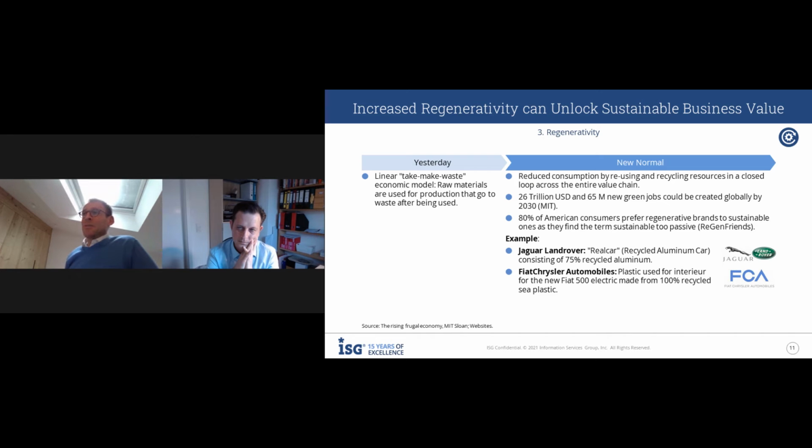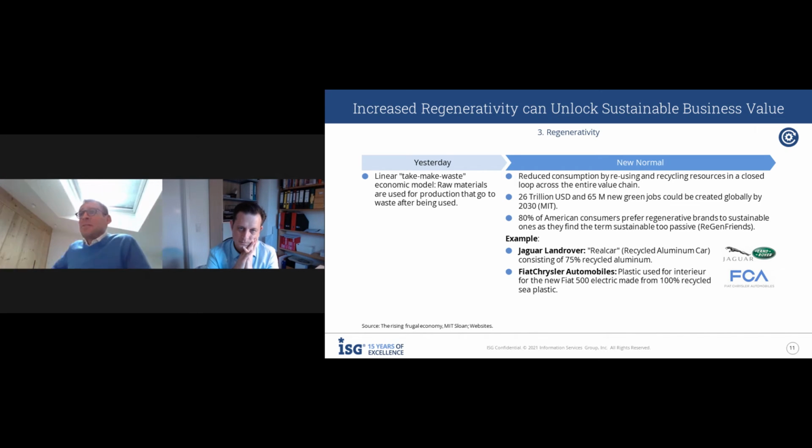And I think especially the potential we see there regarding new jobs is just tremendous. So this will really be a game changer, especially when taking into account the changing preferences of consumers.